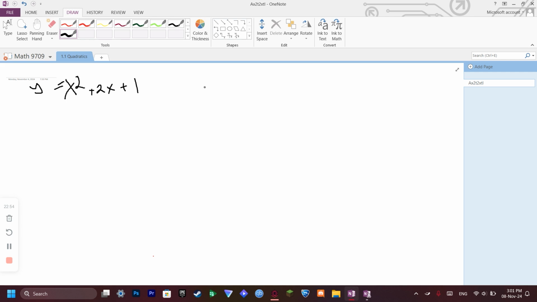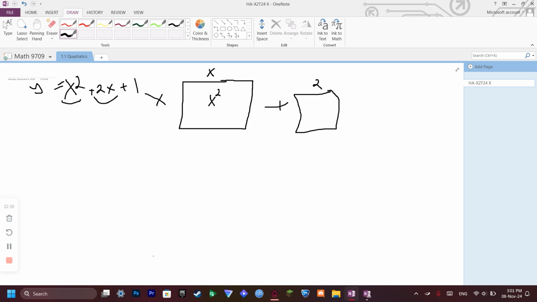Okay. We can represent each of these variables as areas. So if this is x and this is x, the area of this square is x squared. And then if this is 2 and this is x, the area of this rectangle is 2x. And then you just have a number 1.